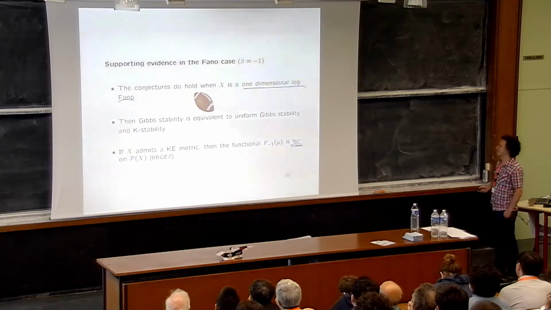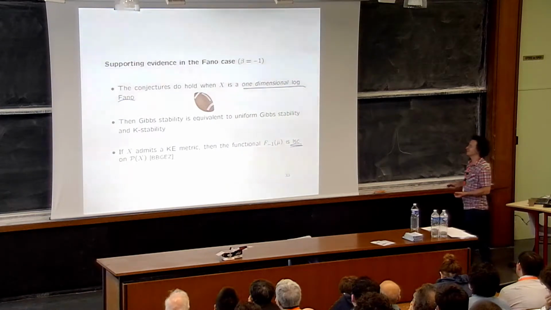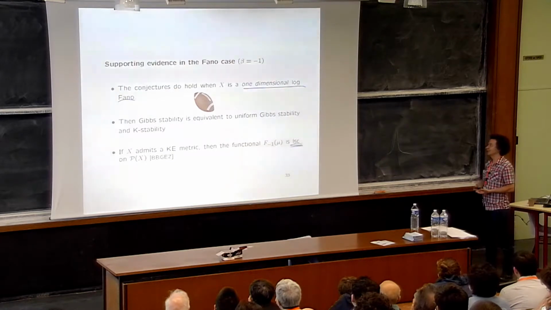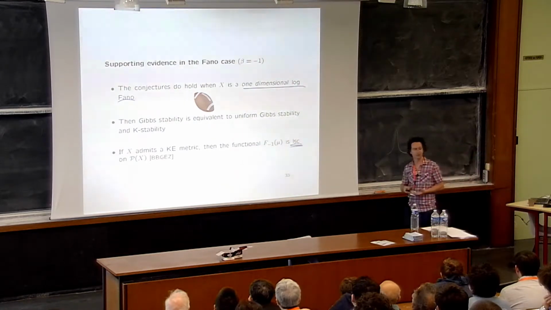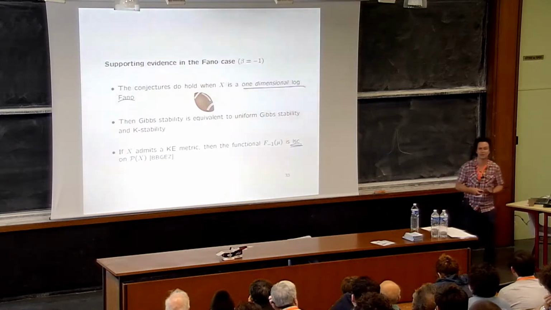And then I have a very, very weak confirmation of the general case: you can check that if x admits a Kähler-Einstein metric, then this rate functional, which gets identified with the K energy, is really lower semi-continuous on the space of probability measures. That's like if there is a large deviation principle, that by general theory always implies that the rate function is lower semi-continuous.